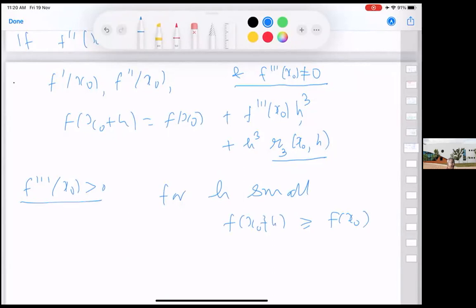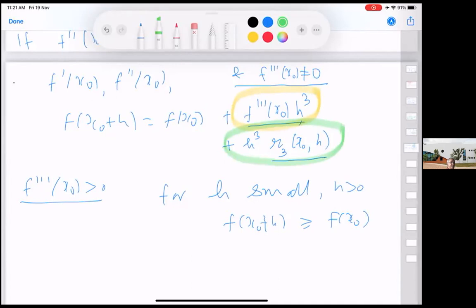We are multiplying it by h cube, which is positive if I take h positive but small. And the remainder term we can ignore, because by taking h small enough, the f triple dash x0 h cube term will dominate. The yellow circle term will dominate the green circle term.